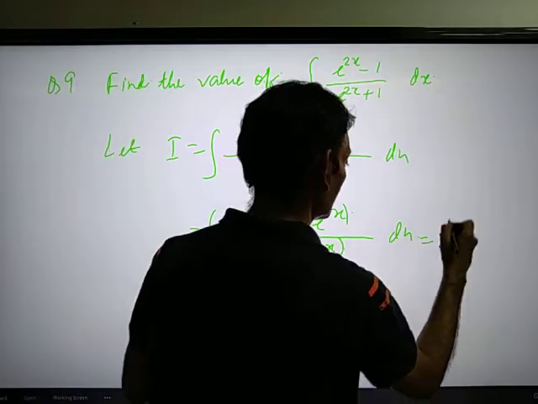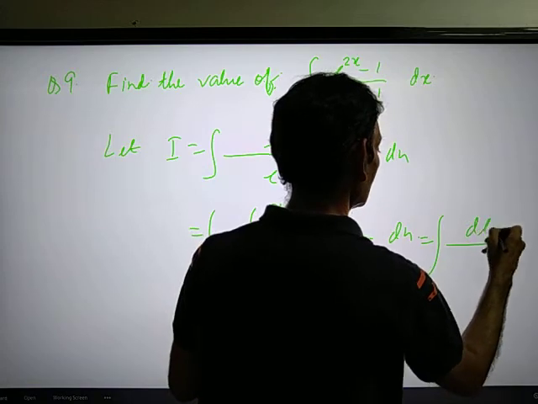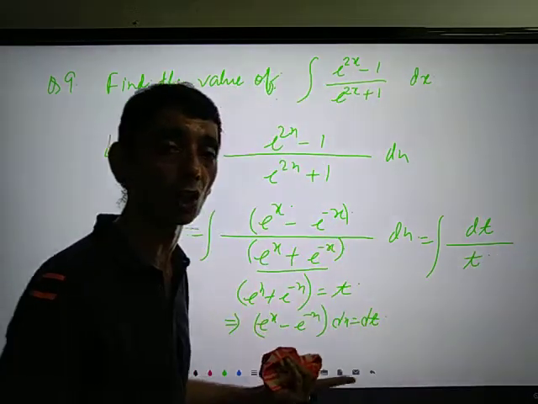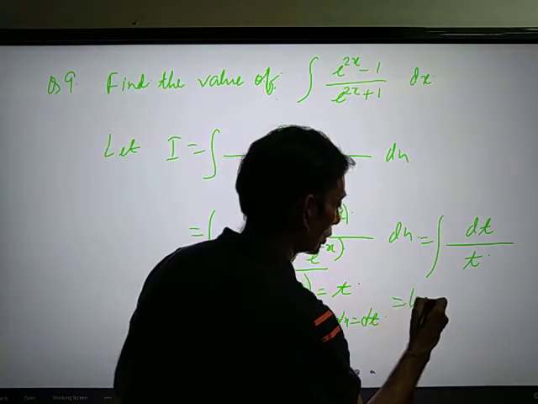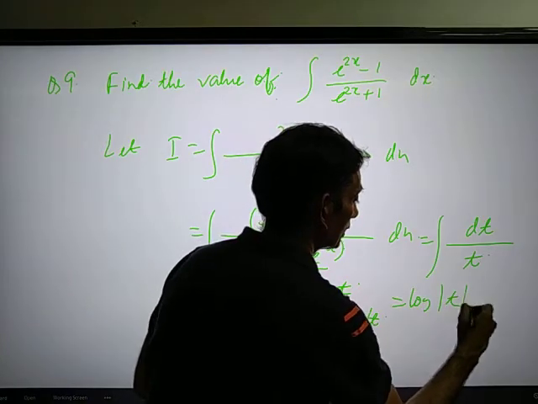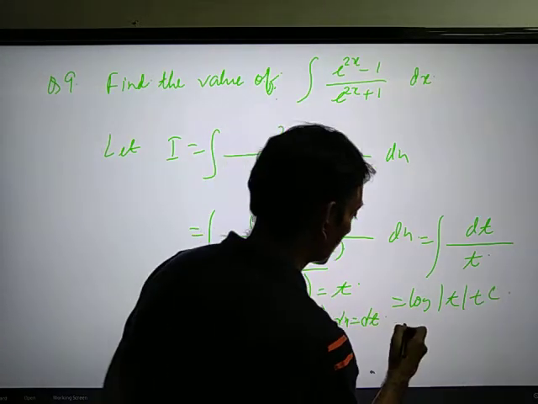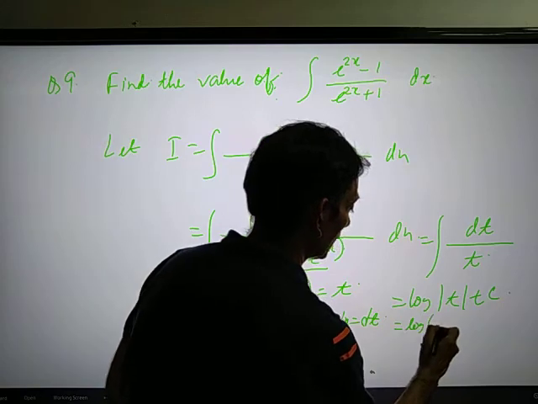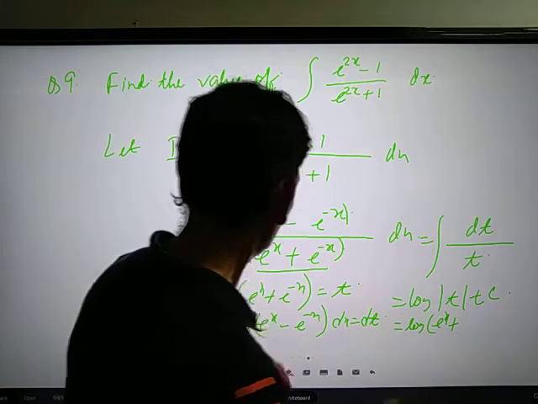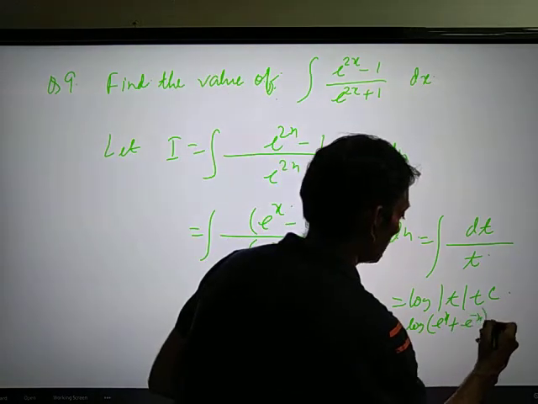Therefore this gives us dt by t. Again a log form: log mod t plus c. Then the answer is log of e to the power x plus e to the power minus x, plus c.